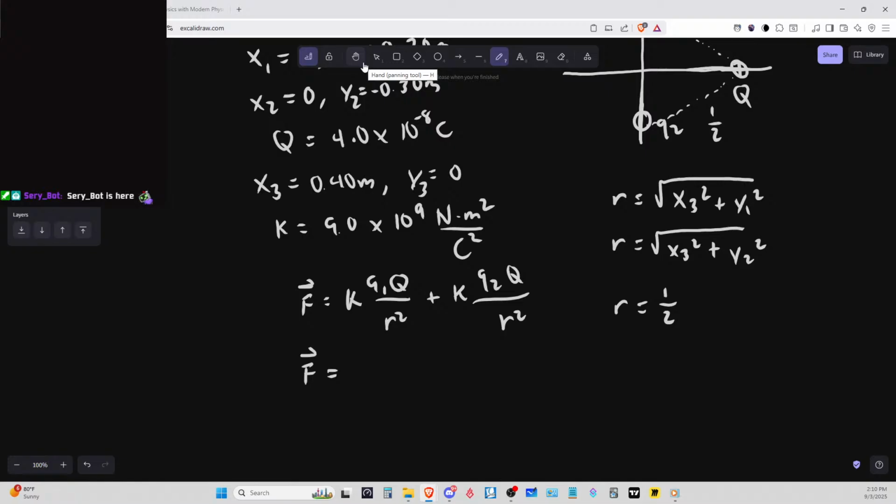That would be 2.9 times 10 to the 5th. That's in newtons. Then plus the same calculation.